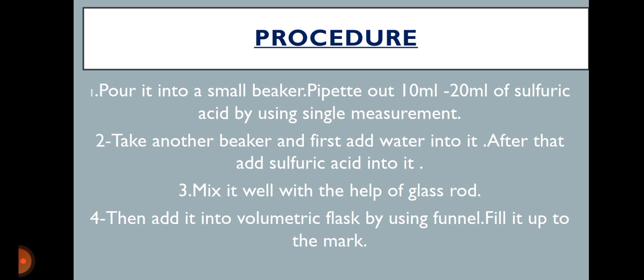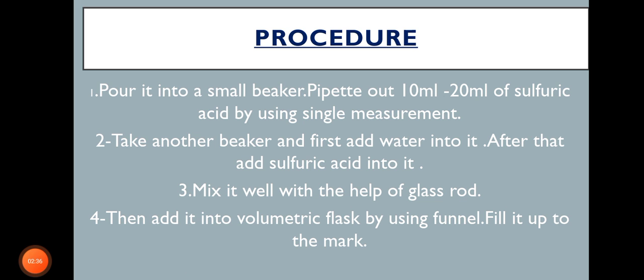After that, add sulfuric acid into it. Thirdly, with the help of the glass rod, we will mix all of these things. And fourthly and lastly, we will add it into a volumetric flask by using the funnel. Fill it up to the mark.